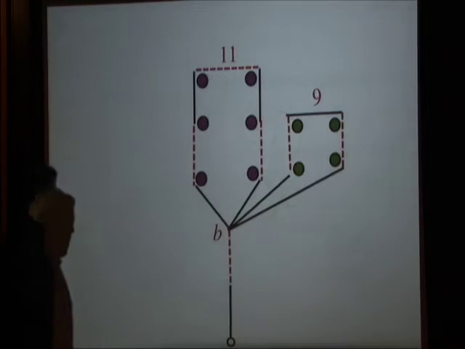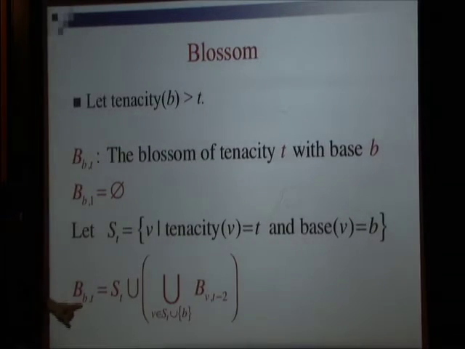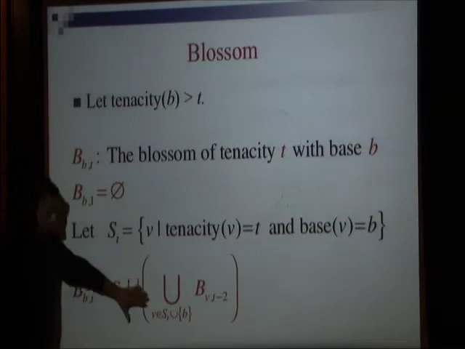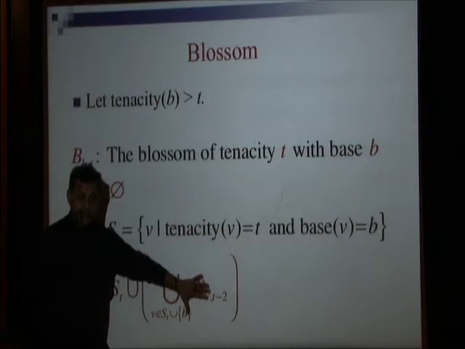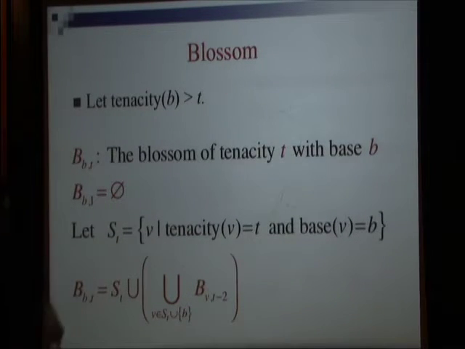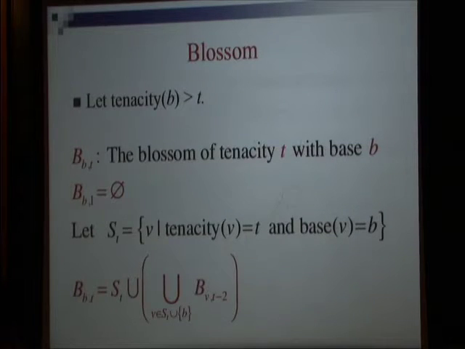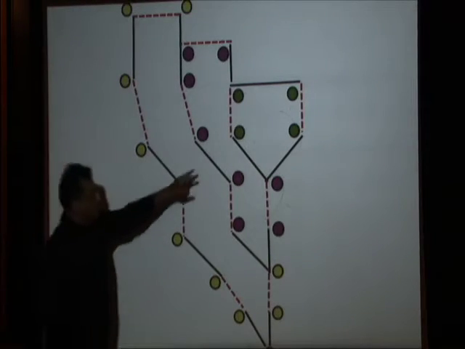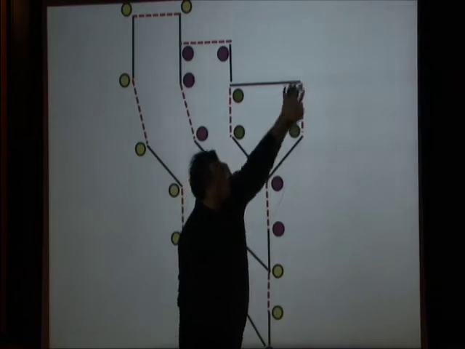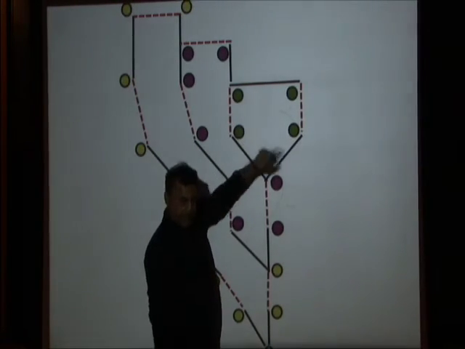And the blossom of tenacity T and base B is ST union all the little blossoms of smaller tenacity which are sitting on vertices of ST and on B. So these are the vertices of ST. Are there any little blossoms sitting here? No. So that's the blossom of tenacity green with this base.